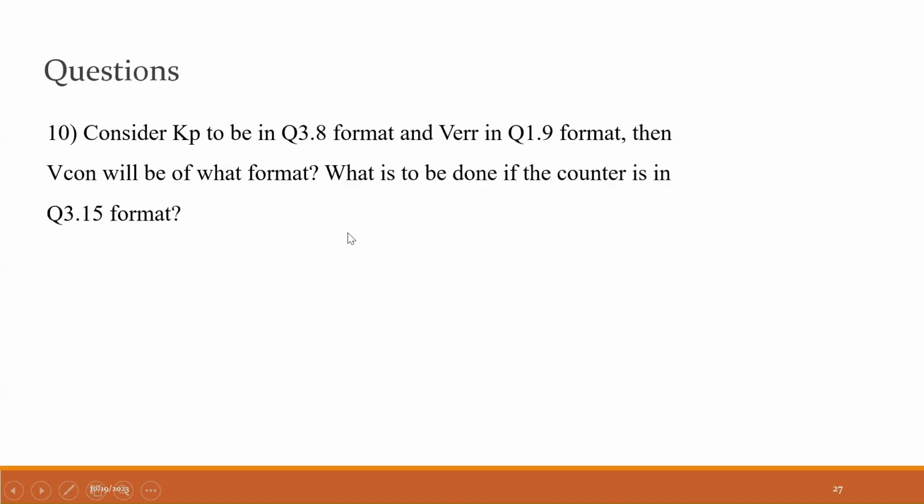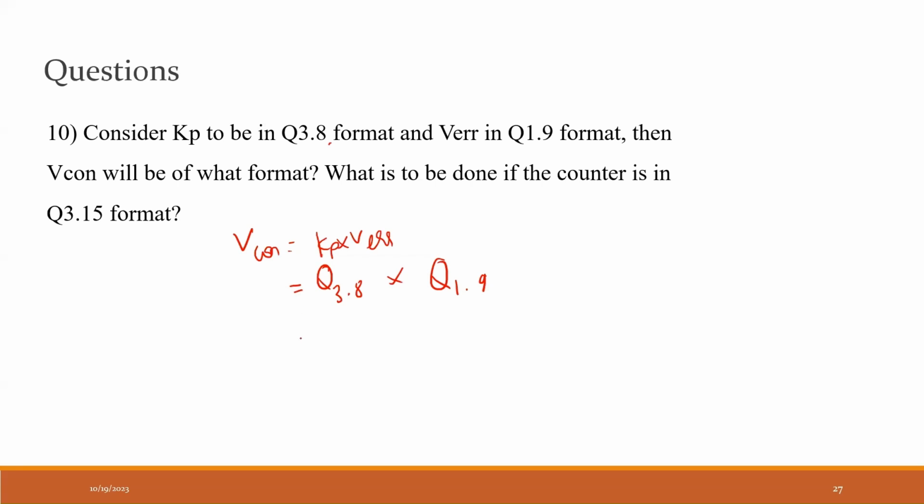Okay, sir. So we will consider KP to be in Q3.8 format and V error is in Q1.9 format. So my VCon is KP into V error. Now this is Q format multiplication, so this is Q3.8 multiplied by Q1.9.